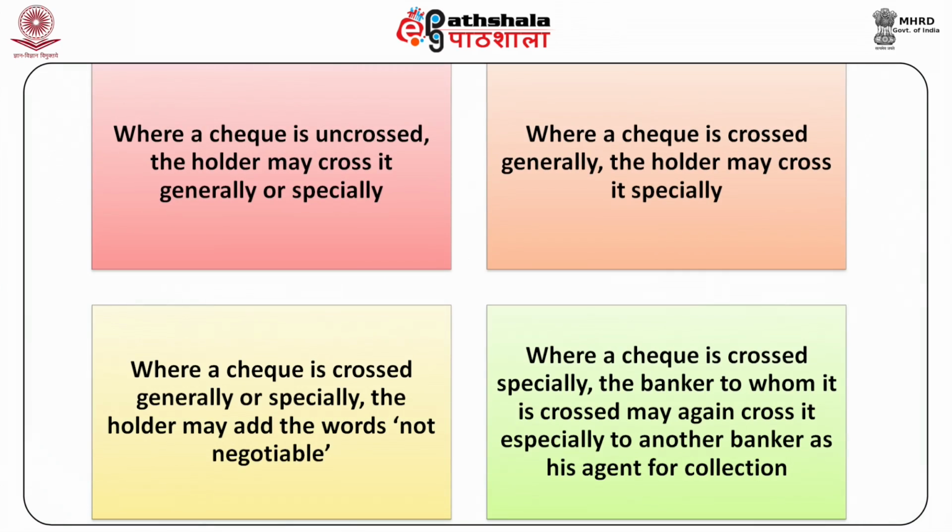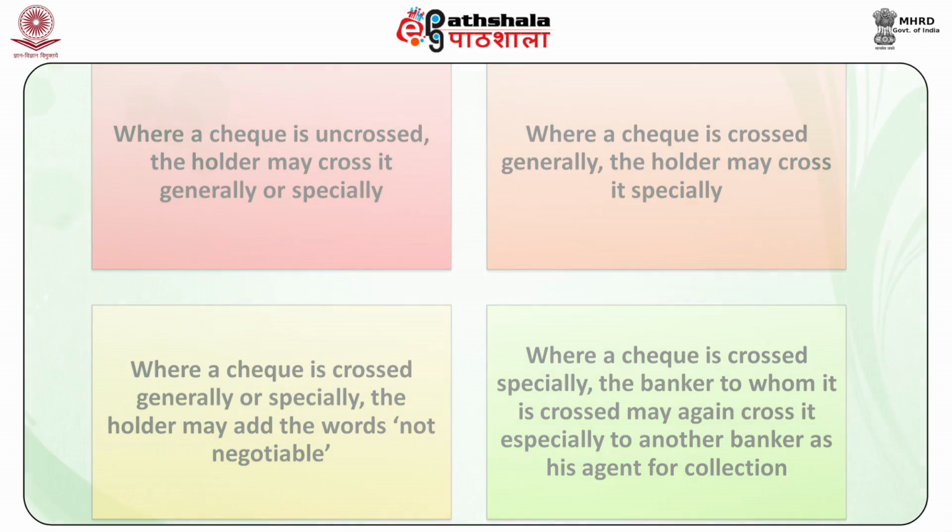First, where a check is uncrossed, the holder may cross it generally or specially. Secondly, where a check is crossed generally, the holder may cross it specially. Thirdly, where a check is crossed generally or specially, the holder may add the words not negotiable. Fourthly, where a check is crossed specially, the banker to whom it is crossed may again cross it specially to another banker as his agent for collection.